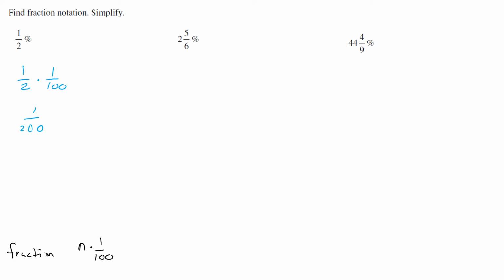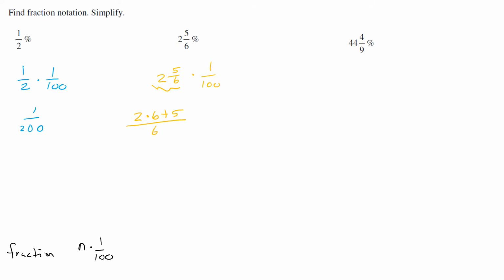Alright, next example here, we've got 2 and 5/6, and we need to multiply that by 1 over 100. Well, to multiply a mixed number and a fraction, I need to convert this mixed number to an improper fraction first. So we take the whole number, multiply by the denominator, add the numerator, keep the original denominator.